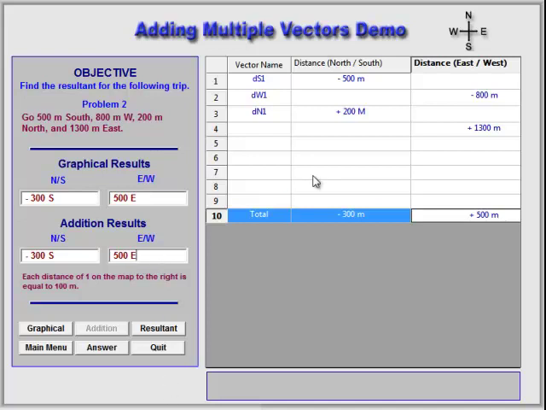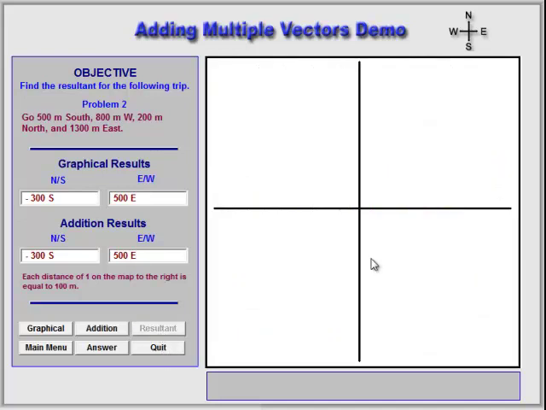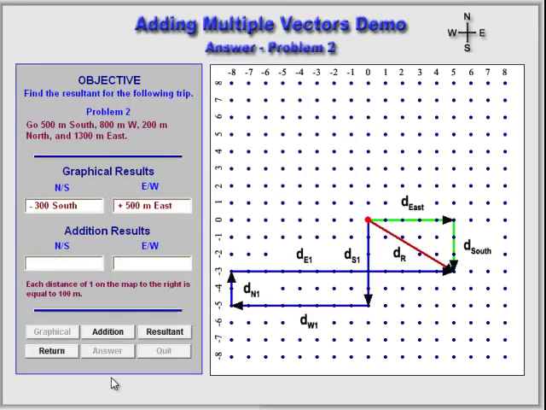Finally, now that we've gotten the two components, students can go to the sheet. I give a page on the handout that has the sheet on it, and they will draw in the two components, head to tail, and do the calculations to find the resultant. You can then look at the answer.